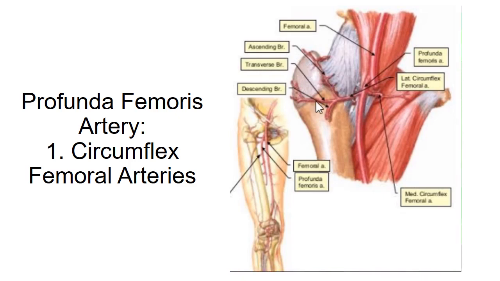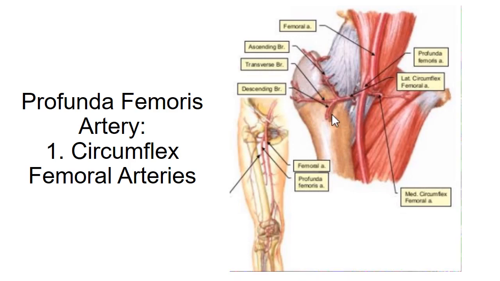Its transverse branch, which you can see here, pierces vastus lateralis muscle, winds around the femur and takes part in cruciate anastomosis on the back of thigh, just below the greater trochanter. This branch anastomoses with the transverse branch of medial circumflex femoral artery and forms the cruciate anastomosis on the back of the thigh.